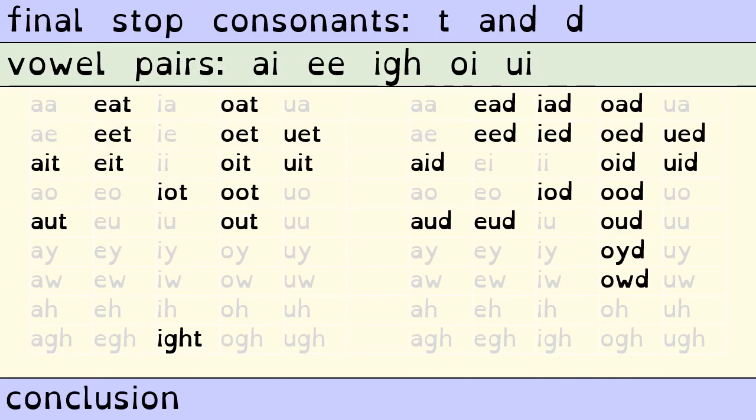As we discussed in Lesson 17, not all vowel pairs exist in Common English. Here on the screen, you can see which ones exist when followed by T or D. Please don't try to memorize this chart.